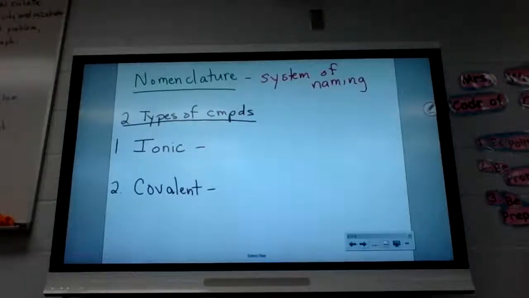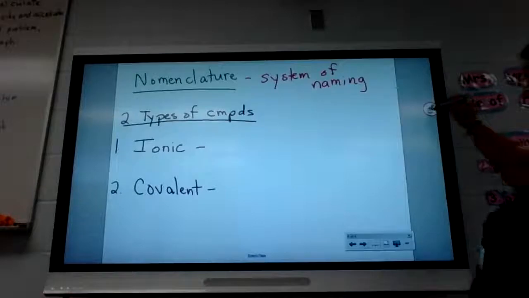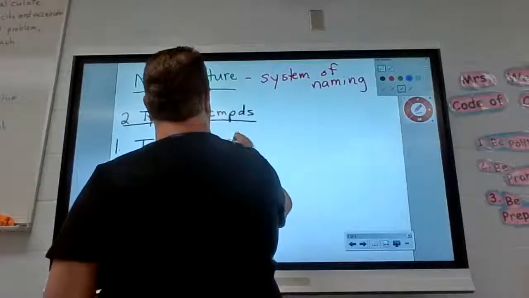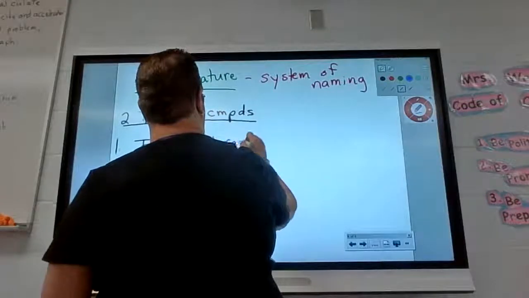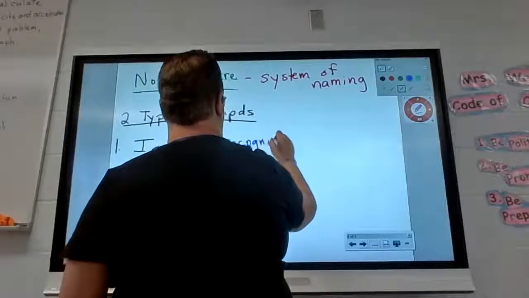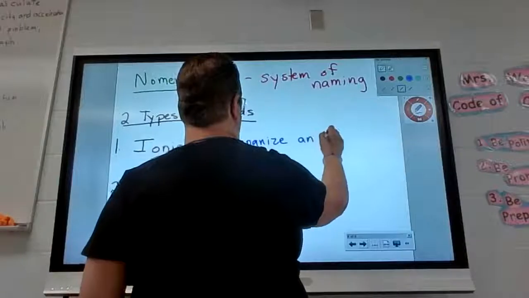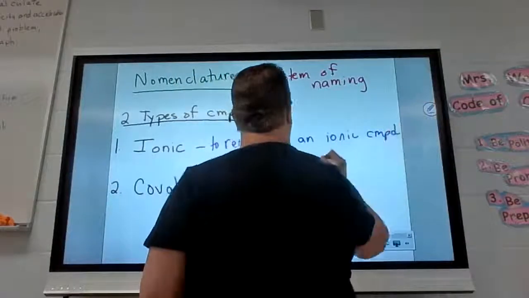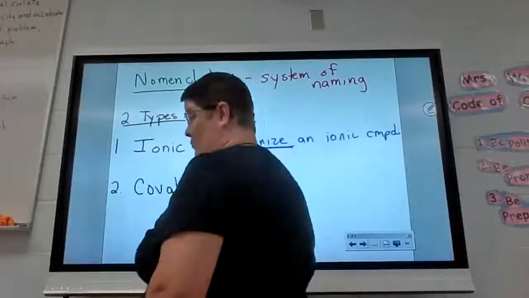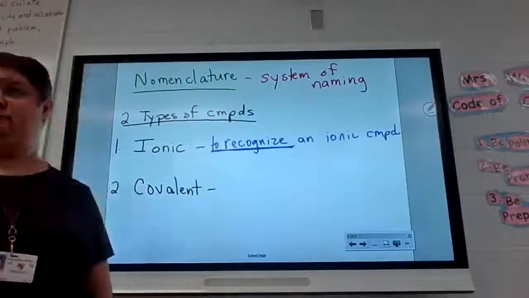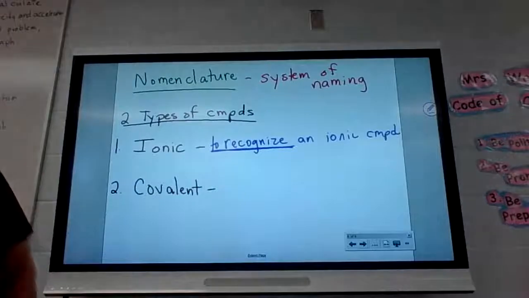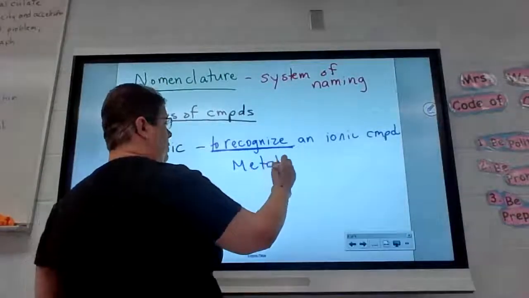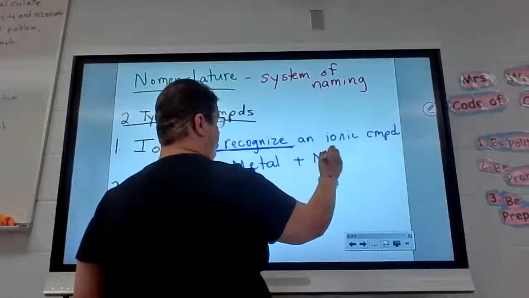So, to recognize an ionic compound, okay, this is not its definition. It's to recognize one. Using the periodic table, it will be a metal and a non-metal.